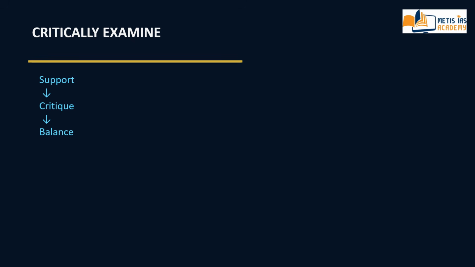Critical does not mean negative. Let me take one example: critically examine federalism. A wrong structure is like this: federalism is failing, or federalism is excellent. This is the wrong way to approach that question.